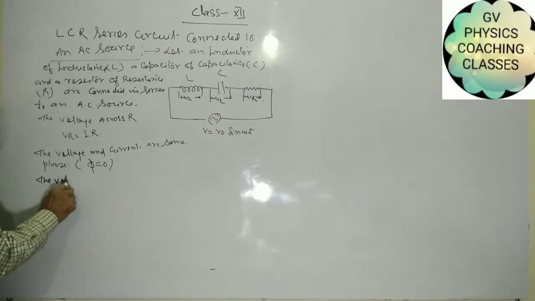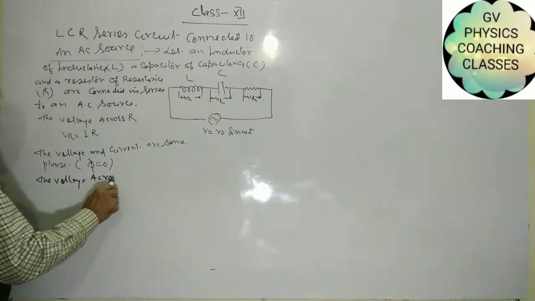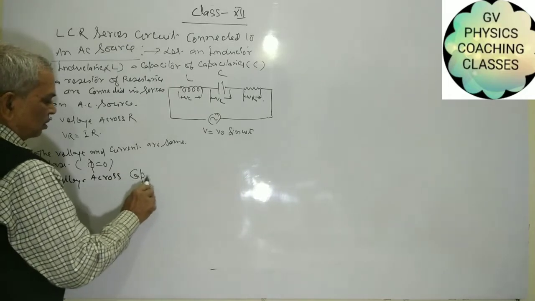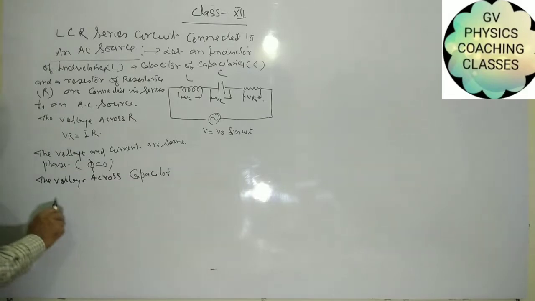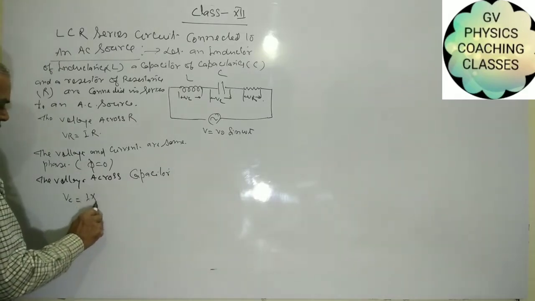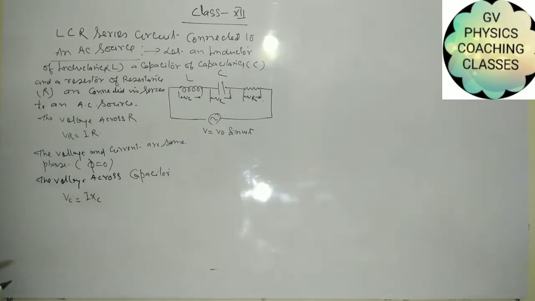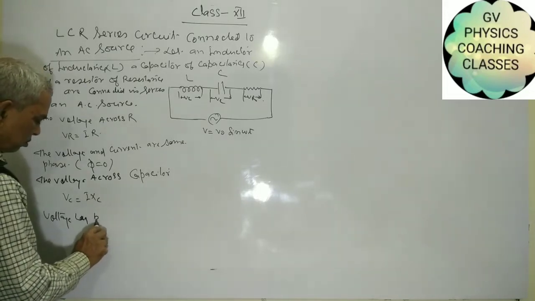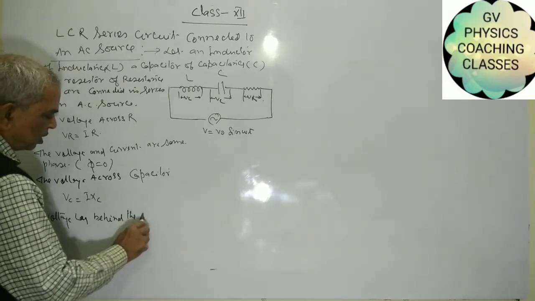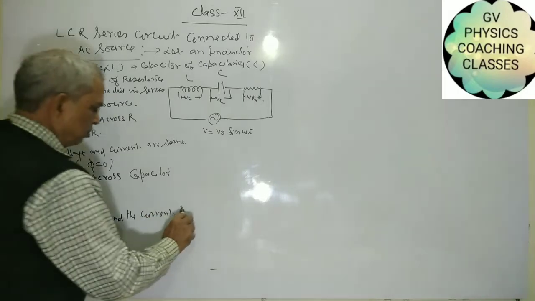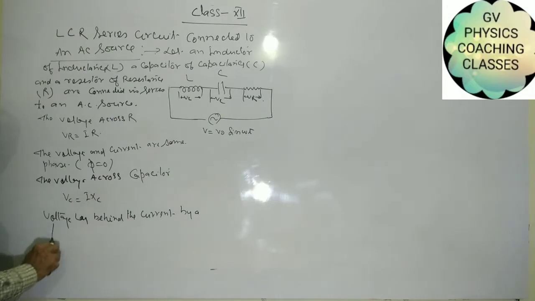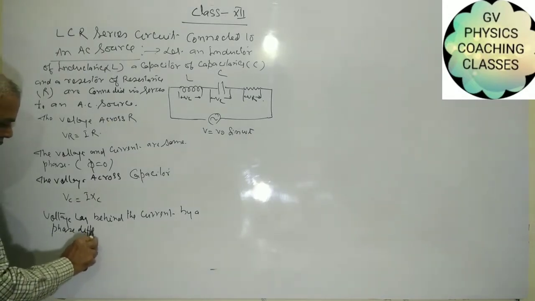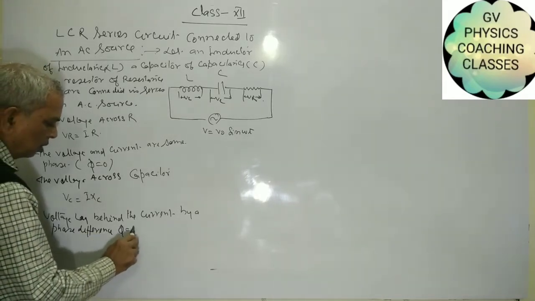The voltage across the capacitor, VC, equal to I XC. Voltage is left behind the current by a phase difference of pi by 2.